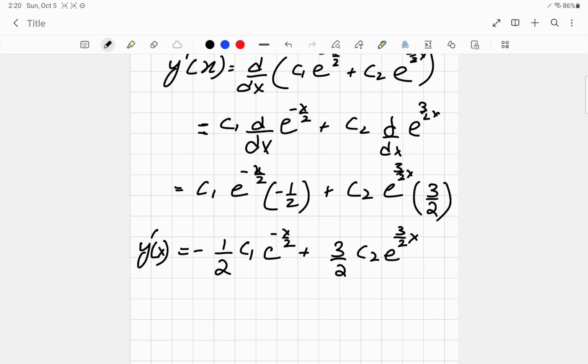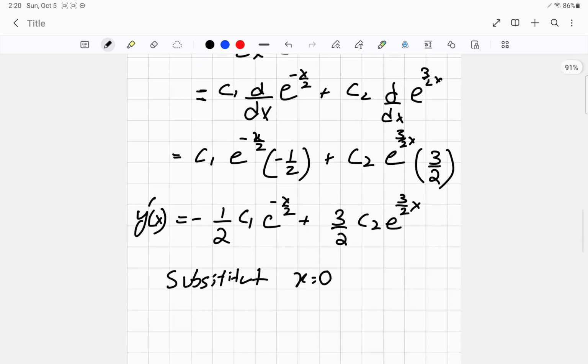Okay, now we can substitute the values. When x is equal to 0, y dash is 3.